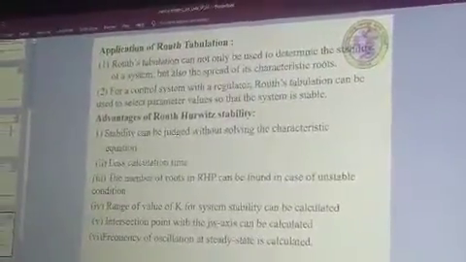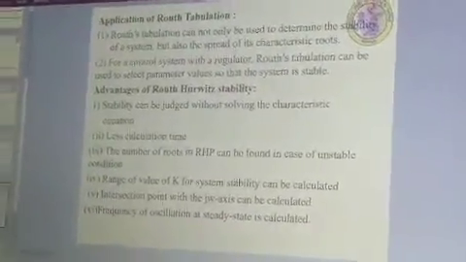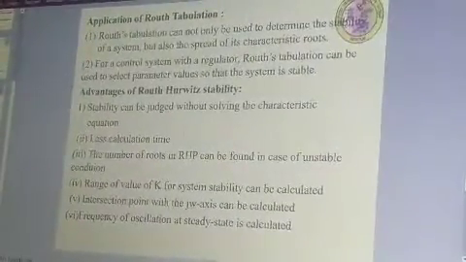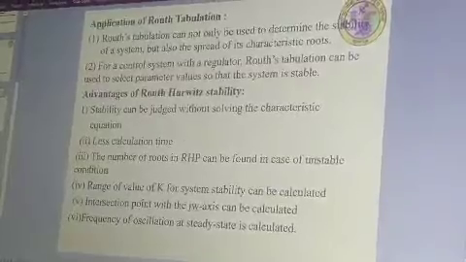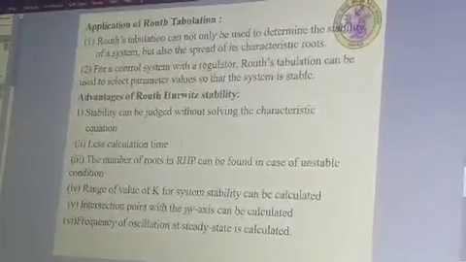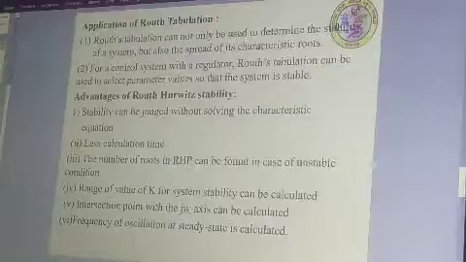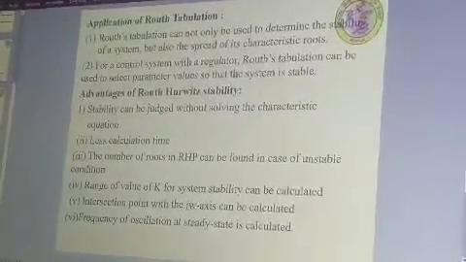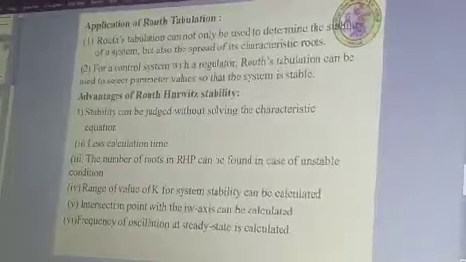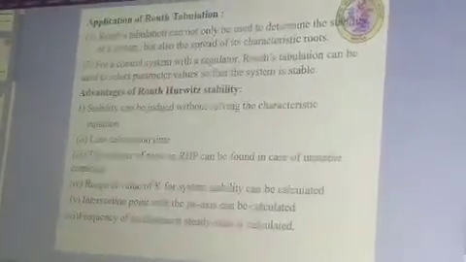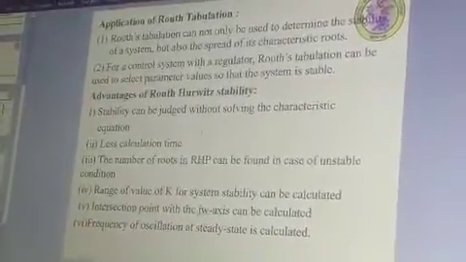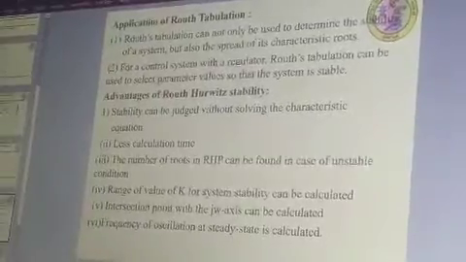The second application of Routh tabulation is for a control system with a regulator. Routh tabulation can be used to select the parameter values so that the system is stable.